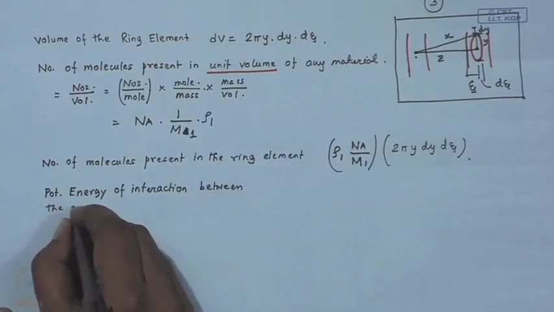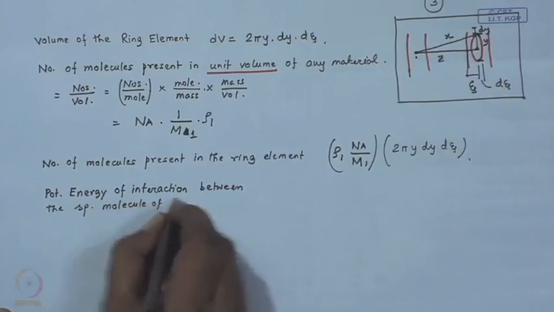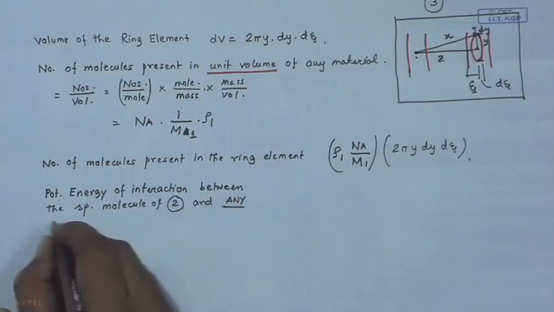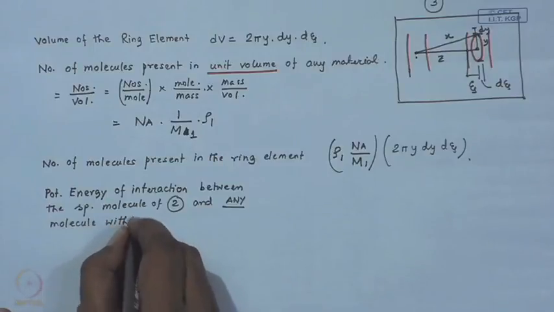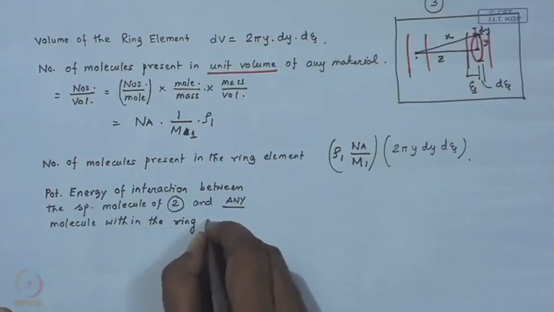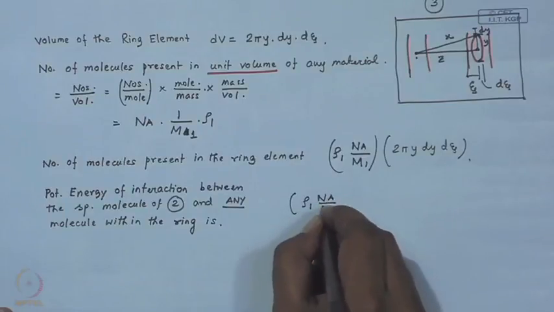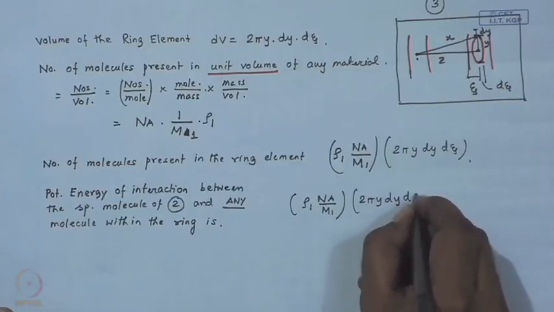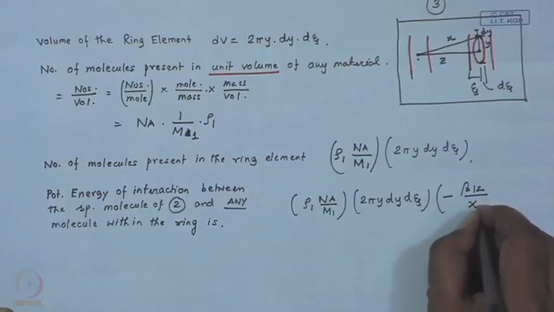Between the specific molecule of 2 and any molecule present in the ring is rho 1 minus beta 1 2 divided by x to the power 6.